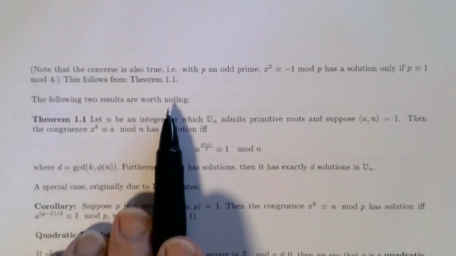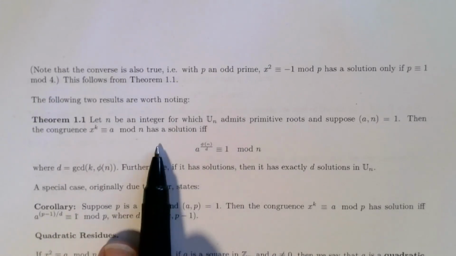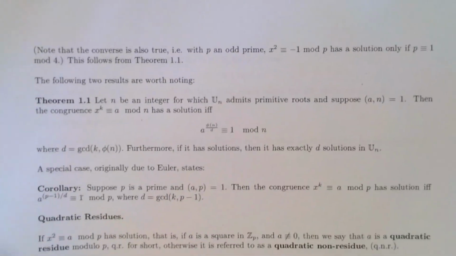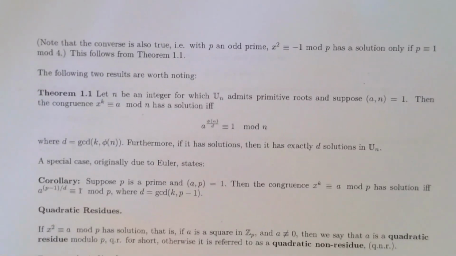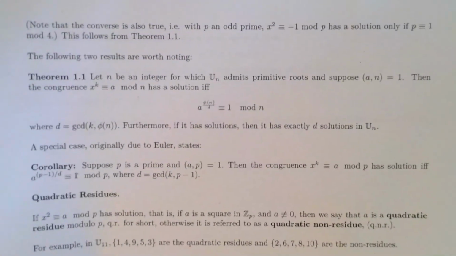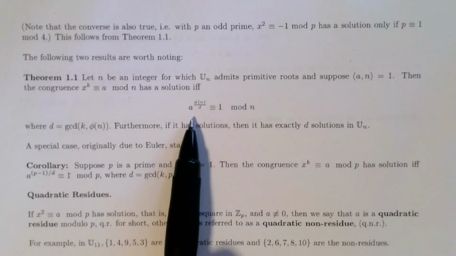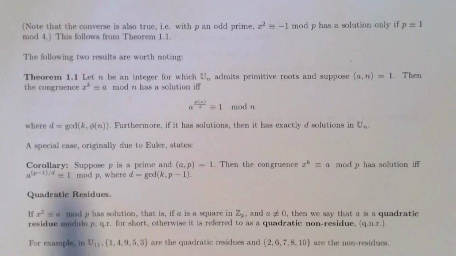This in fact follows from the following theorem we're about to state, theorem 1.1, and we'll state this fairly important theorem again without proof. This is a tricky little theorem, but it's a very important one, and it's one you should either attempt to give a proof of yourself or have a look up in a book.